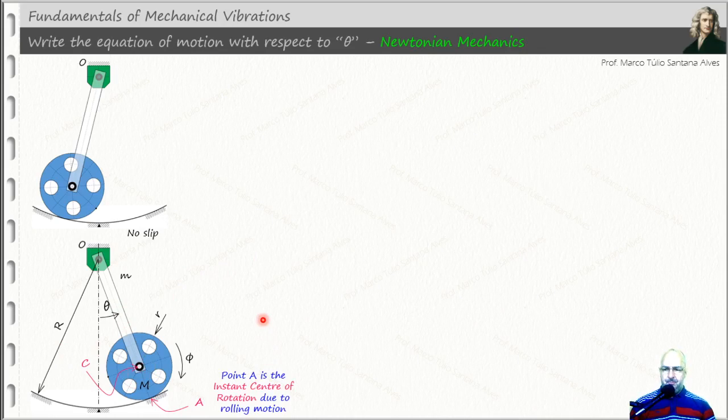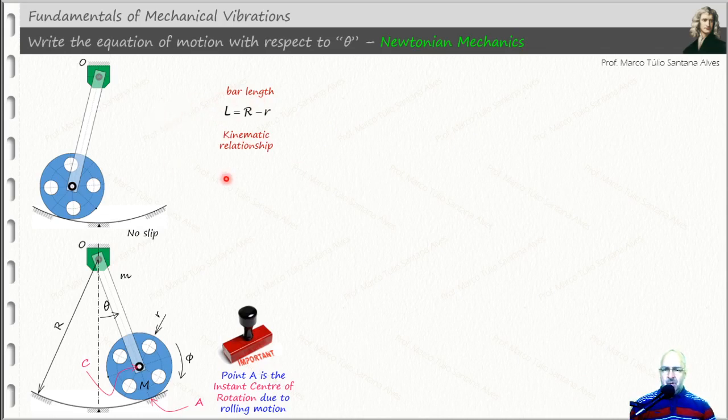Just for information, point A is the instant center of rotation due to the rolling motion. Okay, so the bar length is L equal to capital R minus r.